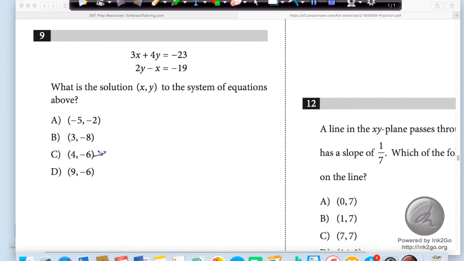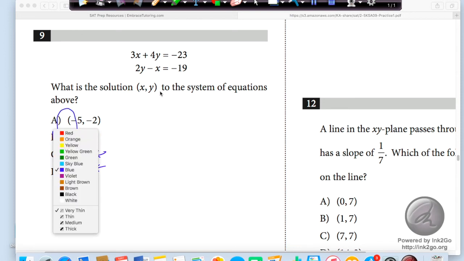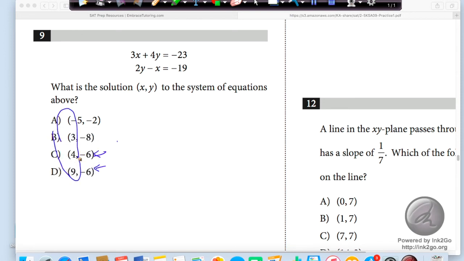I see here that I have two possible choices that are the same for y. So I actually want to try and solve for x, because here I have 4 different possible answer choices for x. So the goal is for me to eliminate y.